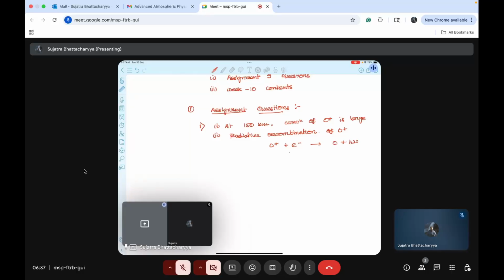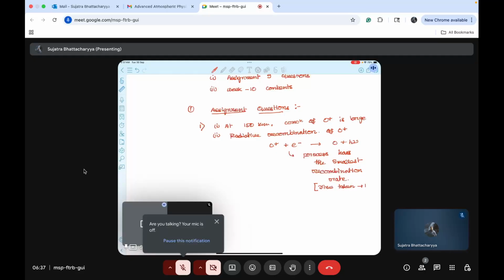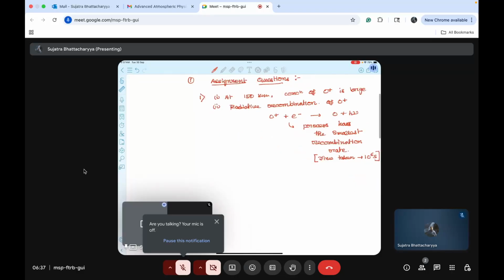So this process has the smallest recombination rate, and the time taken for these processes is approximately 10 to the power 6 seconds, which is a very large time.